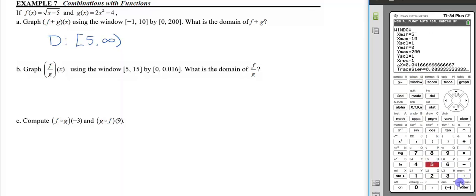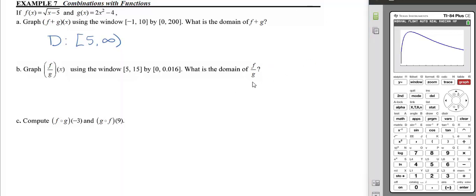Window from 5 to 15 on the x and 0 to 0.016. Let's graph. Looks very interesting there. And what is the domain of f over g?